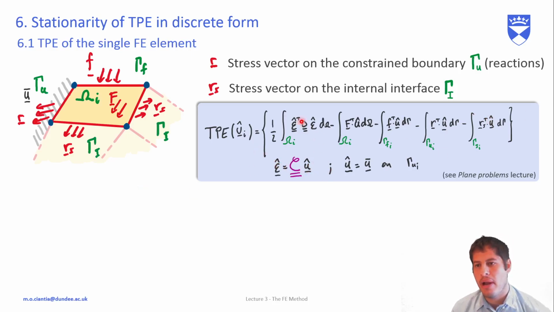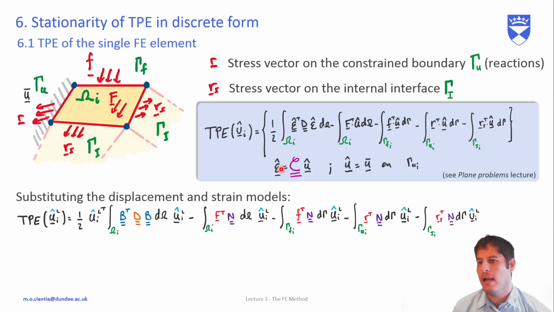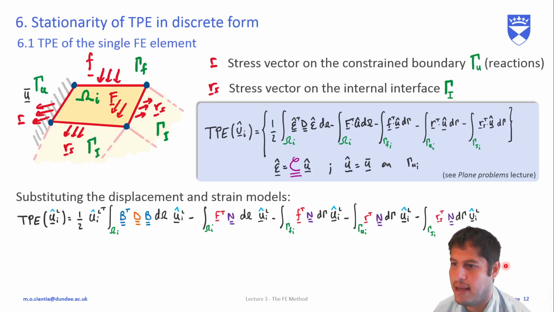So we can write it and introduce our model in here: epsilon D epsilon star, where epsilon is the differential operator applied to the displacements, etc. So if we do this with the model of displacement and strains we've just seen in the previous slides, then we can obtain the following expression for the total potential energy of the single element I.